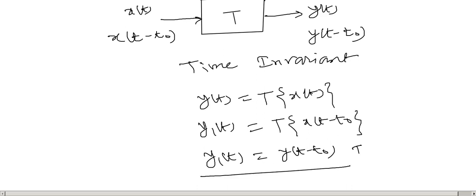Then this is time invariant, and if this property is not satisfied, then this will be a time variant system. So it means that the output due to the delayed input must be equal to the delayed output. Then the system will be time invariant, otherwise it will be a time variant system. It means the behavior of the system should not change with time.